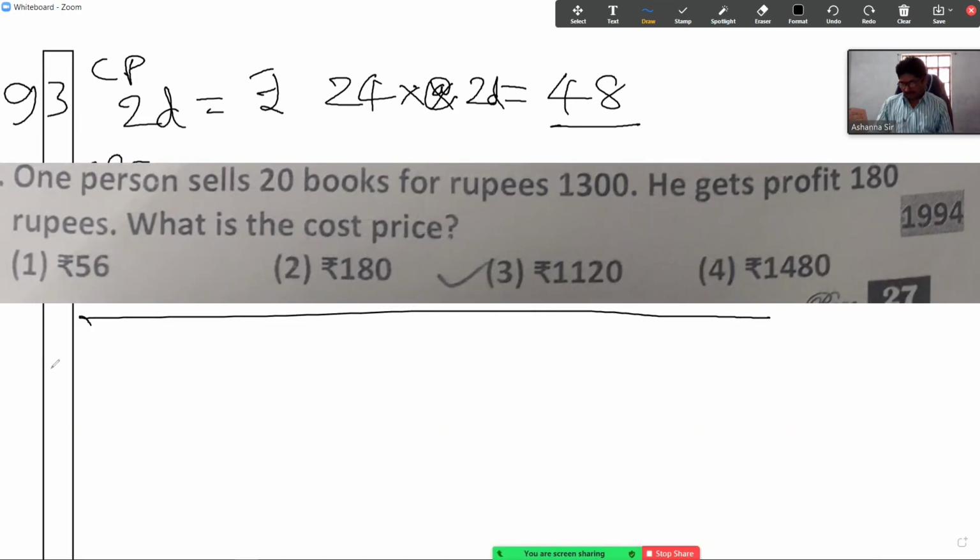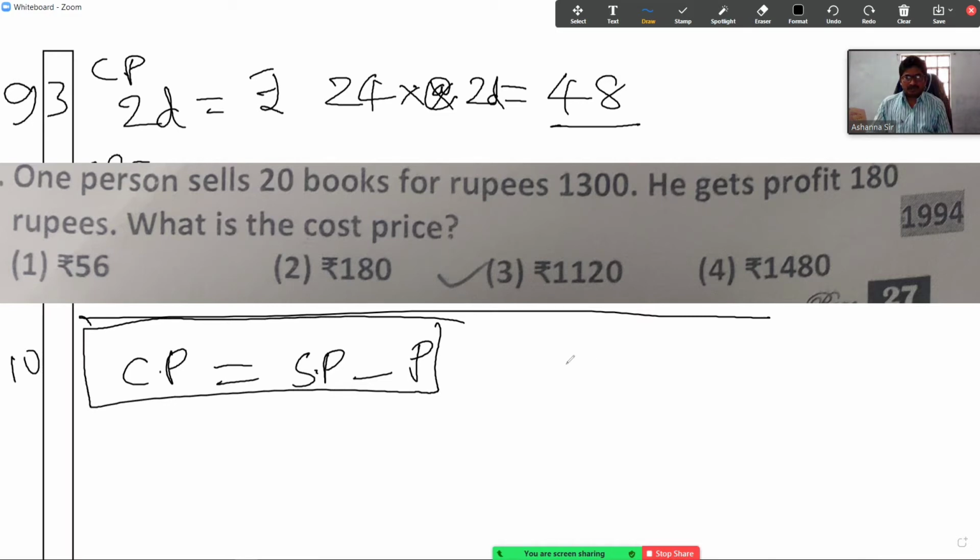Next, 10th question. One person sells 20 books for 1300 rupees. He gets a profit of 180 rupees. What is the cost price? Question number 10. Cost price is equal to selling price minus profit, we know.